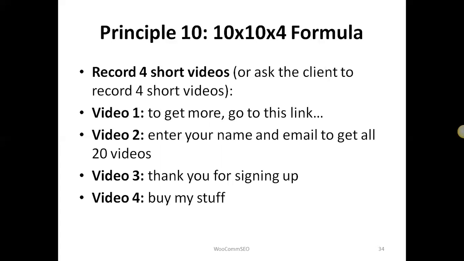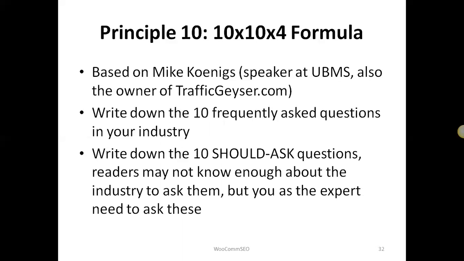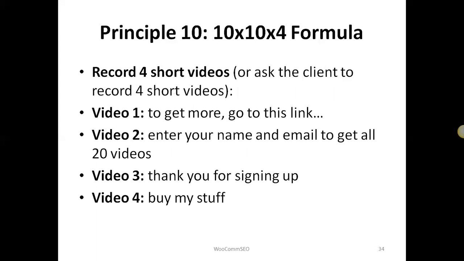The second video is enter your name and email to get all 20 videos or articles. Video 3 is thank you for signing up. And video 4 is buy my stuff. Again, you may not be the one to make this, but I just wanted you to know that this is kind of the process. You can use this to come up with 10 frequently asked questions articles and 10 should-ask question articles, and then the client can come up with the 4 videos.